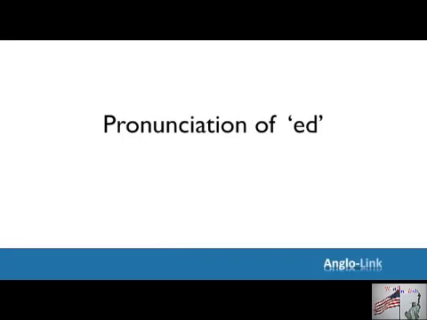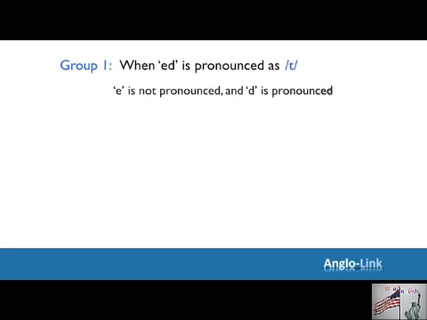Right, pronunciation of ed when you formulate the past simple tense or the past participle of a regular verb. There are three groups. Group 1 is when ed is pronounced as t. So the e is not pronounced and the letter d is pronounced as t.